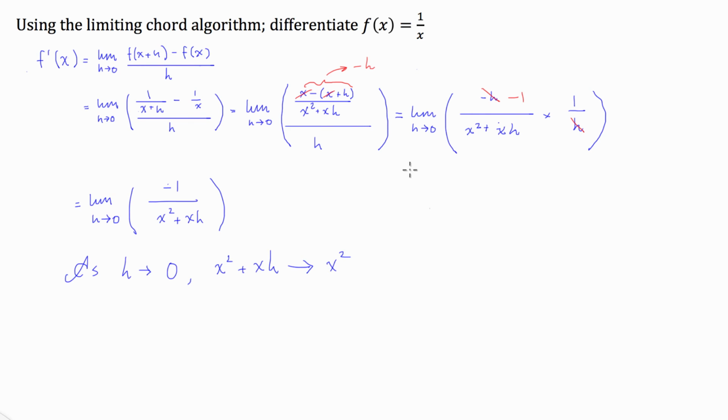And as a result of that, the derivative is then going to approach -1 over x squared. So we can say, therefore, f prime of x is equal to -1 on x squared.